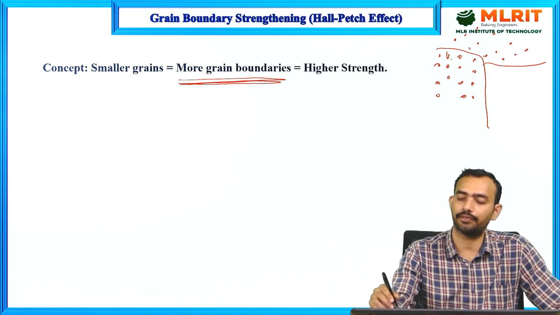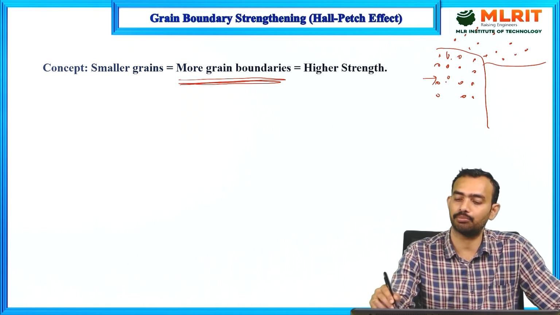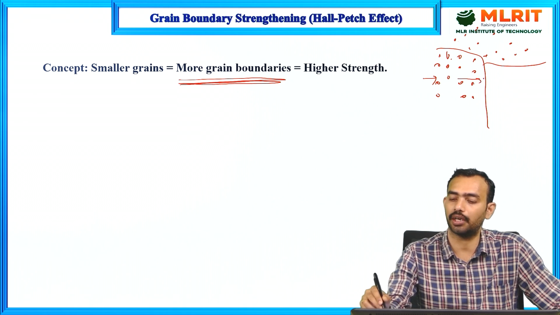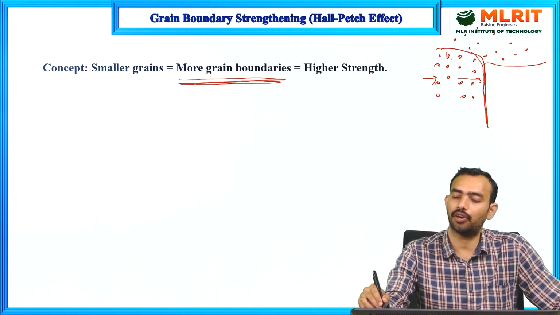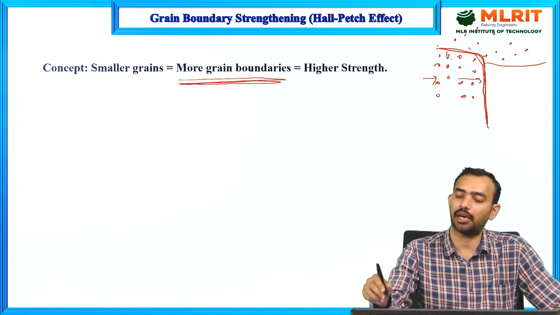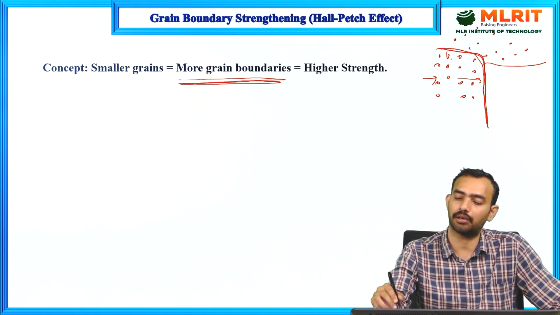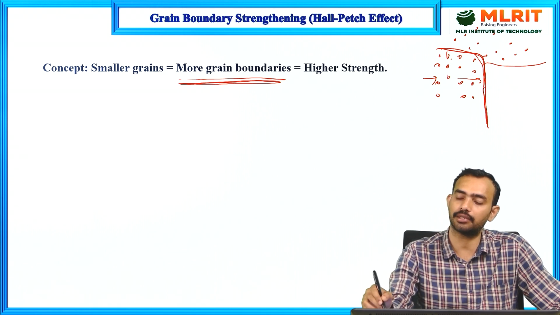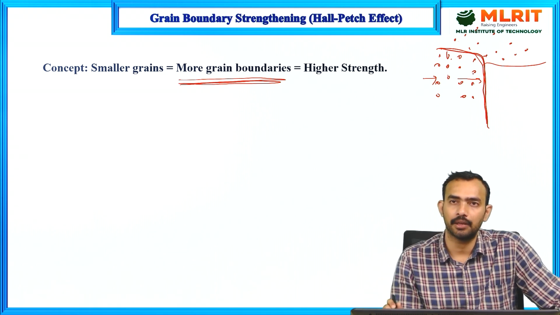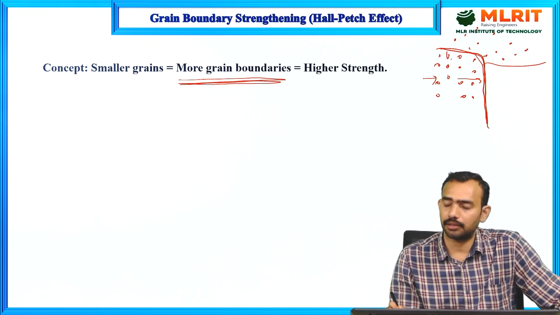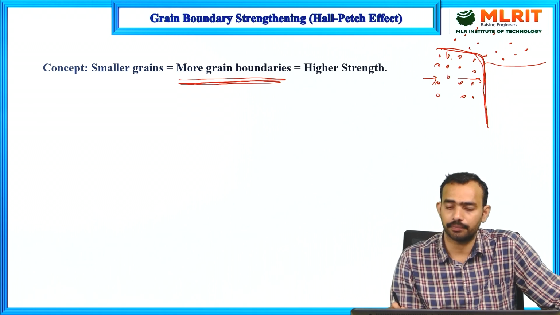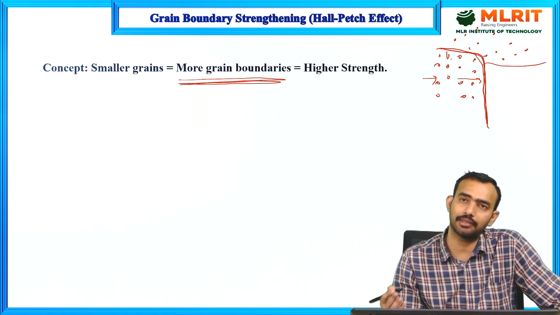As the dislocation moves forward, it reaches the boundary region. At this boundary region, the atoms are not aligned to either grain A or grain B, and so the entire movement of this dislocation will be arrested at the grain boundaries. If we can increase such grain boundaries, then we can arrest the dislocation movement.